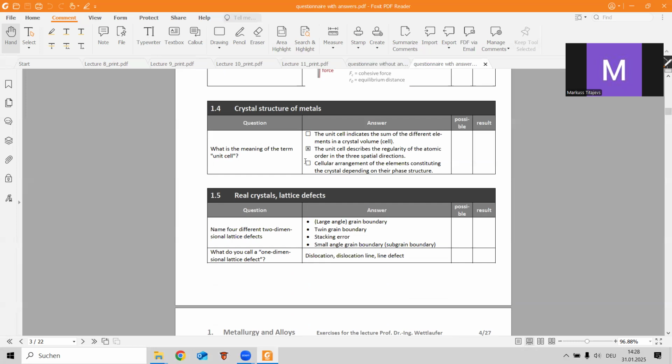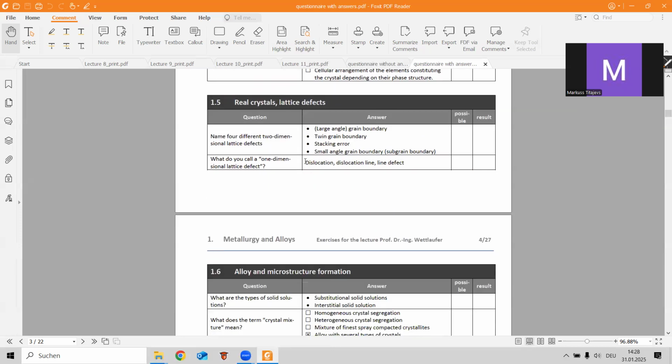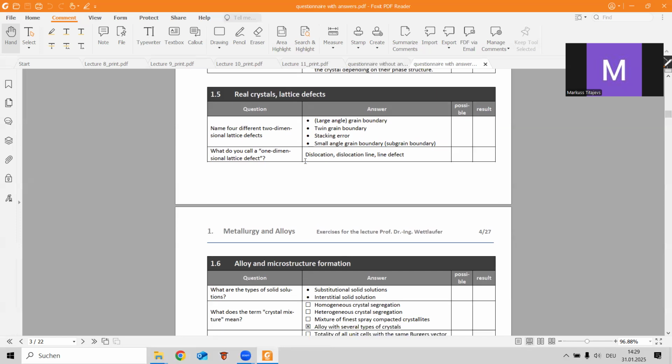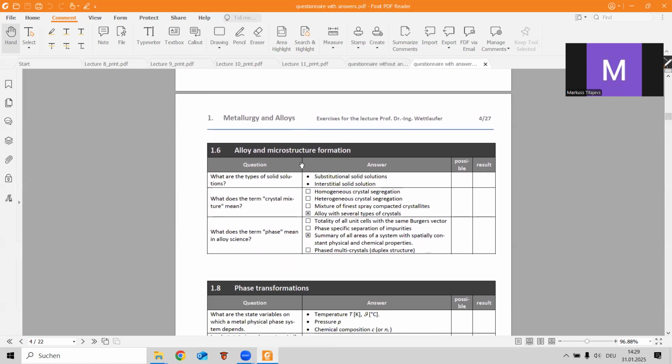Four different two-dimensional lattice defects: large angle grain boundary, twin grain boundary, stacking fault, and small angle grain boundary. What do we call the one-dimensional lattice defect? Dislocation line defect. What are the types of solid solution?